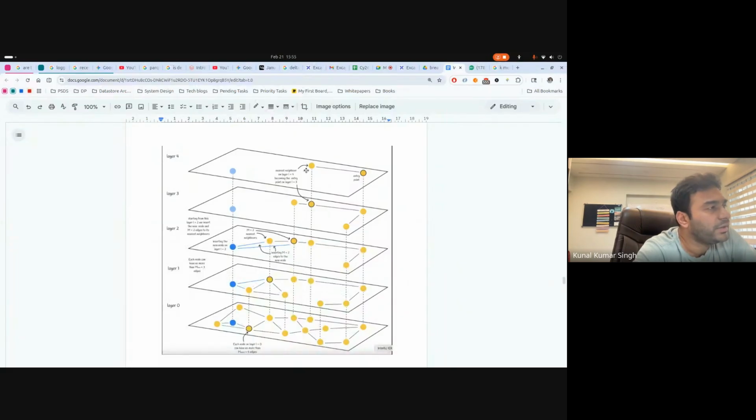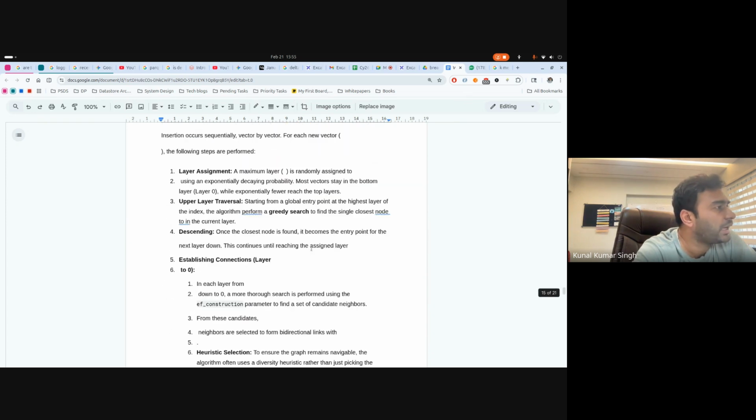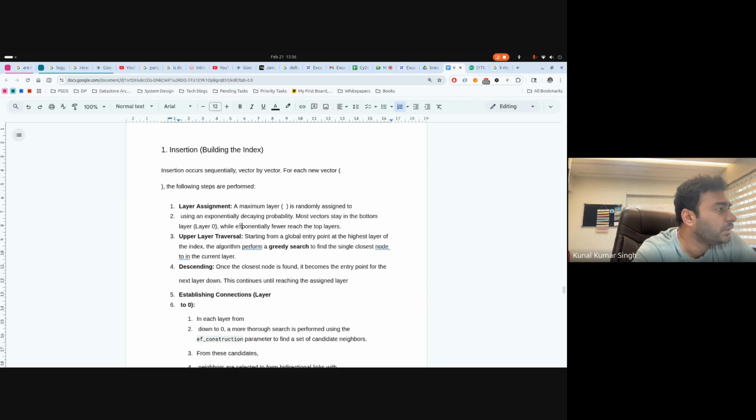So it will go to the top from that layer, and from the top layer it will find the node which is most similar to this particular node from where I have to start the insertion. Starting from the global entry point at the highest layer of the index, the algorithm performs a greedy search to find the single closest node in the current layer.